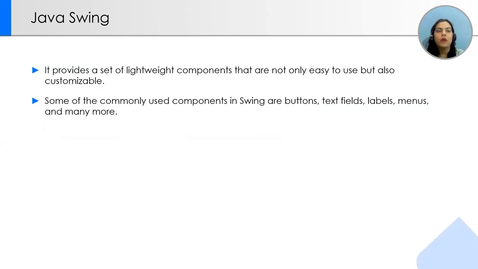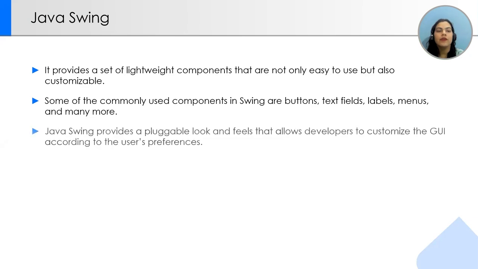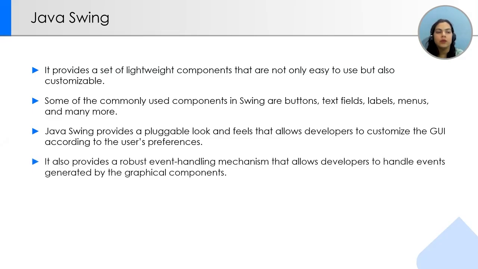But in Java Swing, all the components are customizable and lightweight. Java Swing provides a pluggable look and feel that allows developers to customize the GUI according to the user's preference, which was not available in Java AWT.